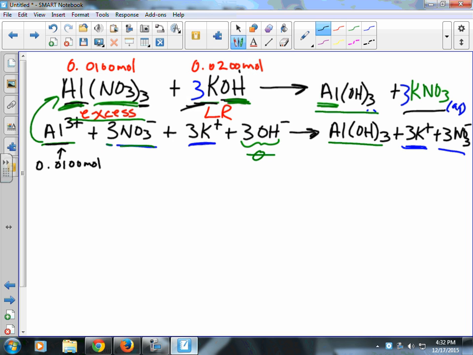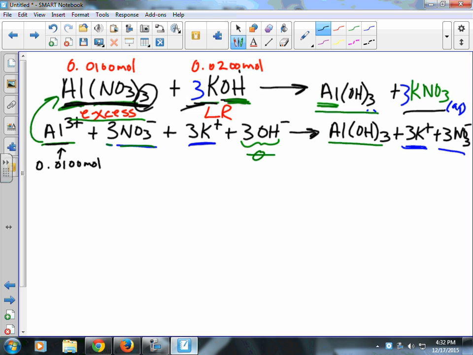How many moles of nitrate did we start with? Well, look up here. For every 1 mole of aluminum nitrate, we have 3 moles of nitrate ion.